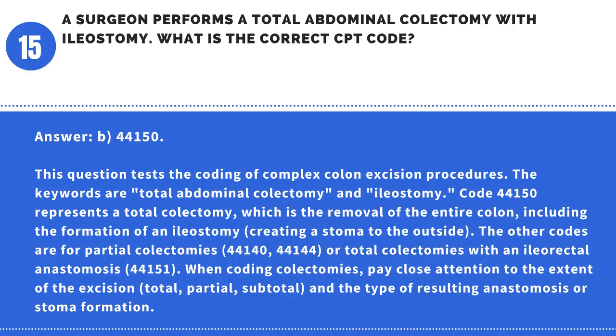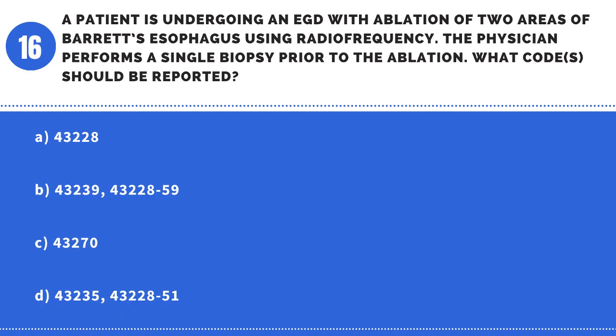The other codes are for partial colectomies, 44140, 44144, or total colectomies with an ileorectal anastomosis, 44151. When coding colectomies, pay close attention to the extent of the excision, total, partial, subtotal, and the type of resulting anastomosis or stoma formation.